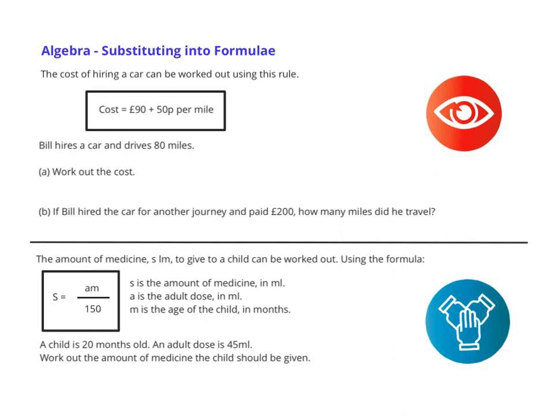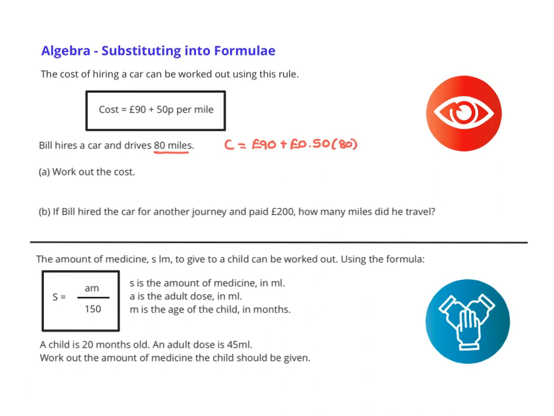Okay, so what I'm going to do here is substitute that 80 miles into my formula because that's how far Bill drove. So that'll mean that the cost is equal to that £90 flat fee plus, and I'm going to write 50p just in terms of pounds, so 0.50, multiplied by 80 for the 80 miles travelled.